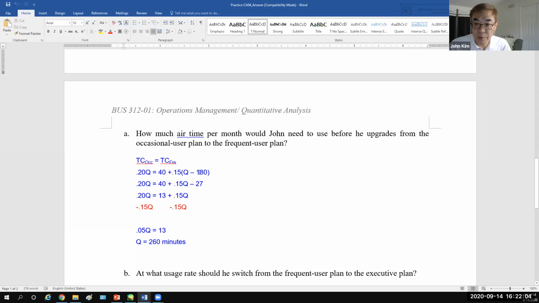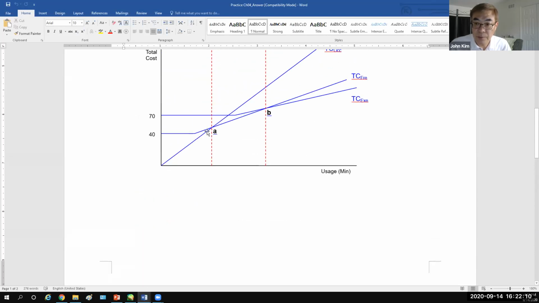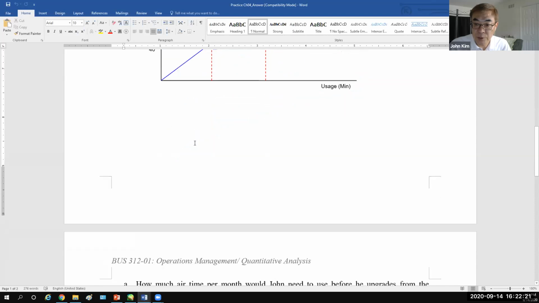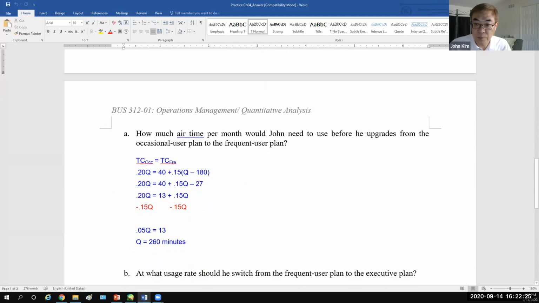We assume more than 180 minutes from this graph. This point is greater than 180. So use the second equation.